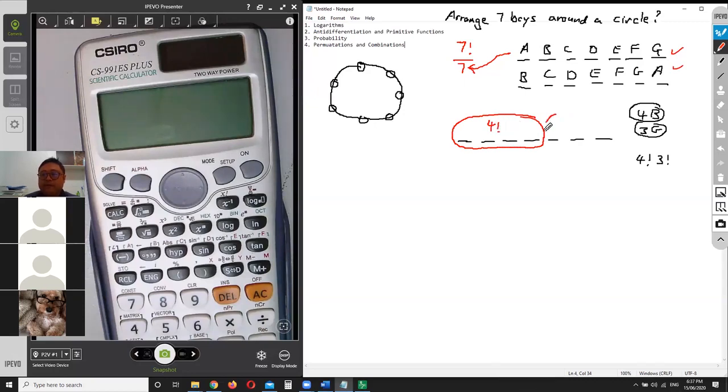And these 3 girls have to be together, and that's 3 factorial. So the number of arrangements for the boys is 4 factorial, for the girls is 3 factorial, and we use the multiplication principle, so we get 4 factorial times 3 factorial. Is that right? Yes.